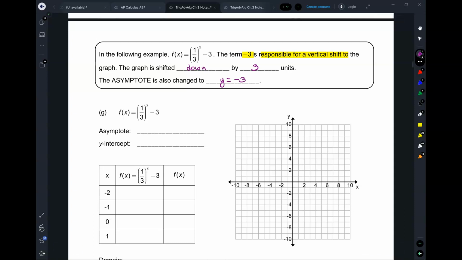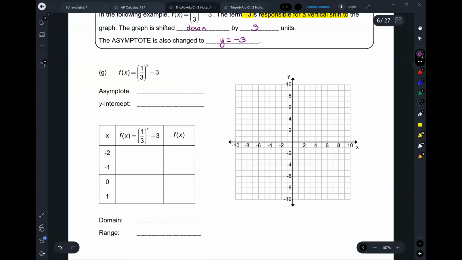Let's graph that one. So I have 1 over 3 to the x minus 3. Asymptote, y equals negative 3. It's exactly that number. The y-intercept, same situation. 1 over 3 to the 0 minus 3. 1 minus 3, negative 2.